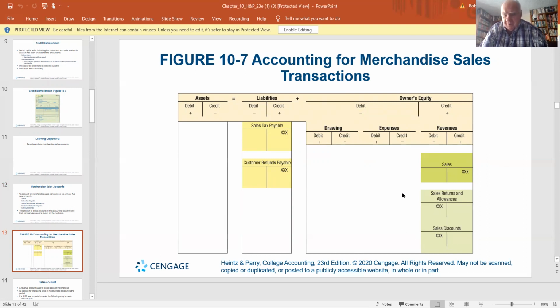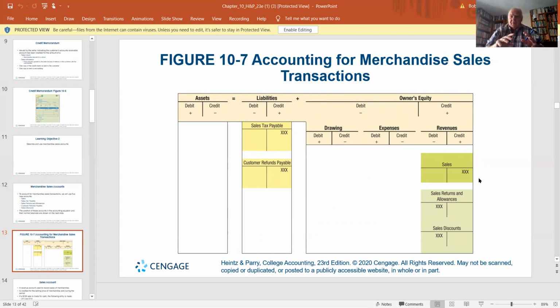When somebody returns something, we know we never debit sales. We're going to debit sales returns and allowances. If we give a discount, if we give somebody a price break, that would be sales returns and allowances. If someone takes what's called a sales discount, that is a debit to sales discounts. It's a contra account. Another way to think of sales, the number of sales is your gross sales.